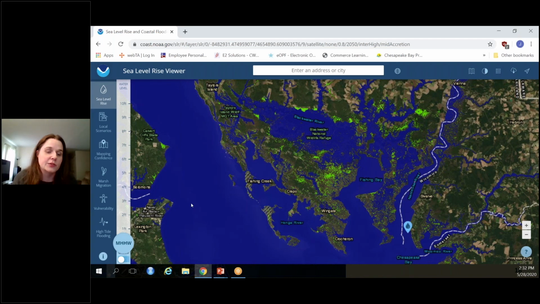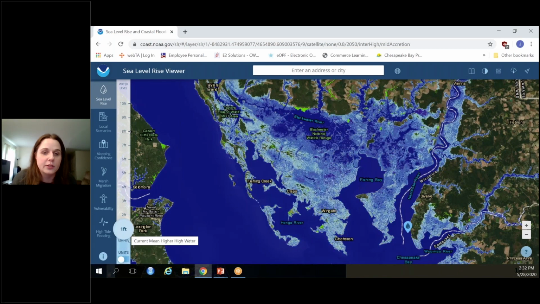Now, right now it's set to current conditions. If we think back to those projections, by 2025 it was going to be around half a foot, but they only go up to 1 foot, so we'll go up to 1 foot. You can see that is quite a change that's going to occur. We're pretty much going to lose the Blackwater National Wildlife Refuge.